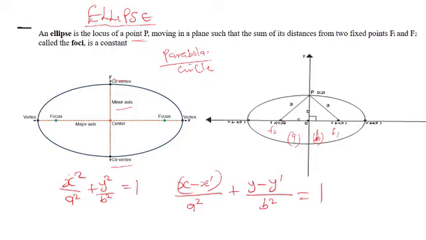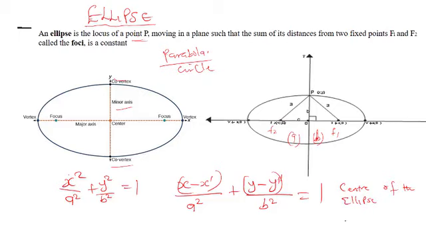Now this point, x prime and y prime, happens to be the center of the ellipse. So the center x1 and y1 happens to be the midpoint of the ellipse.